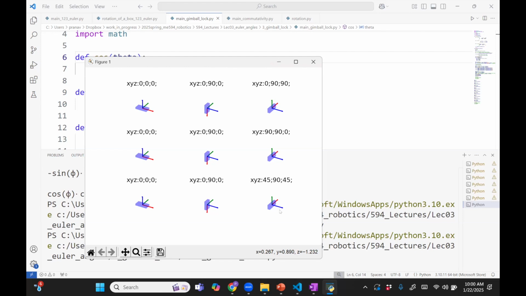You can check it out. Take this, for example, and then rotate about 90 degrees about Z. Z is blue. This shouldn't give you this configuration.